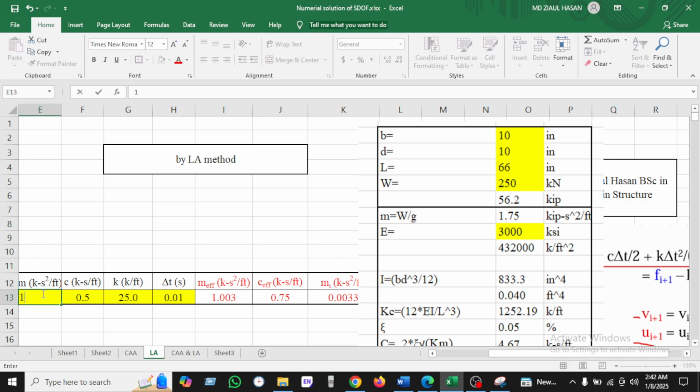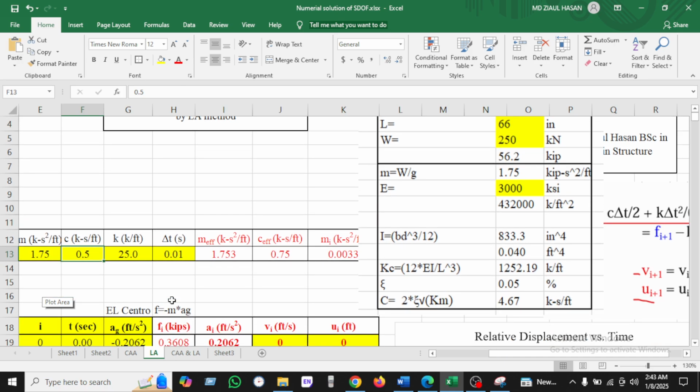M is 1.75, and C equals 4.67, and K equals 1252.19.